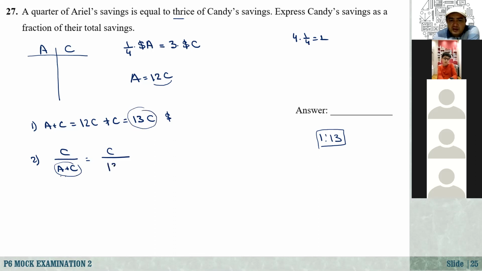In the numerator, we have 1 times C over 13 times C. And the C is gone, so that's equal to 1 over 13. So the answer is 1 over 13. Aydın, your answer is correct.